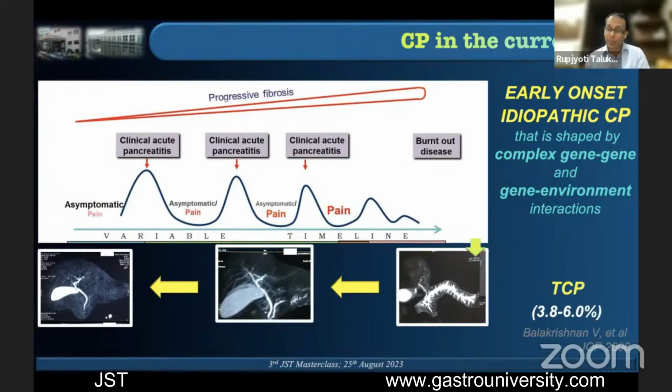The typical morphology of tropical chronic pancreatitis, of dense calcification, early mortality, early diabetes, is only in around 3.8 to 6% of patients today. So this could probably represent the far end of the spectrum of idiopathic chronic pancreatitis rather than a specific disease entity.